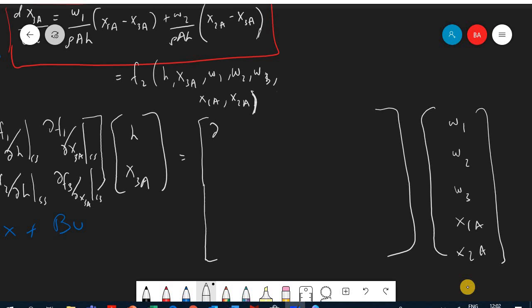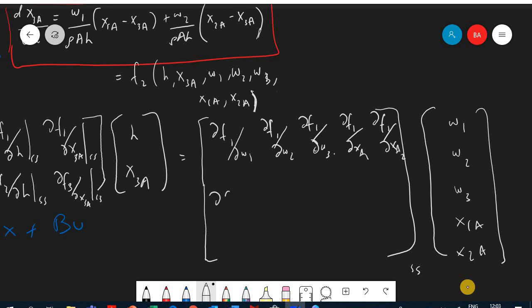So I have df1 by dw1, of course at steady state. Here I'm not going to write at steady state, though it is at steady state, just to save space and not to confuse things. So here is df1 by dw2, df1 by dw3, df1 by dxa1, and df1 by dxa2.